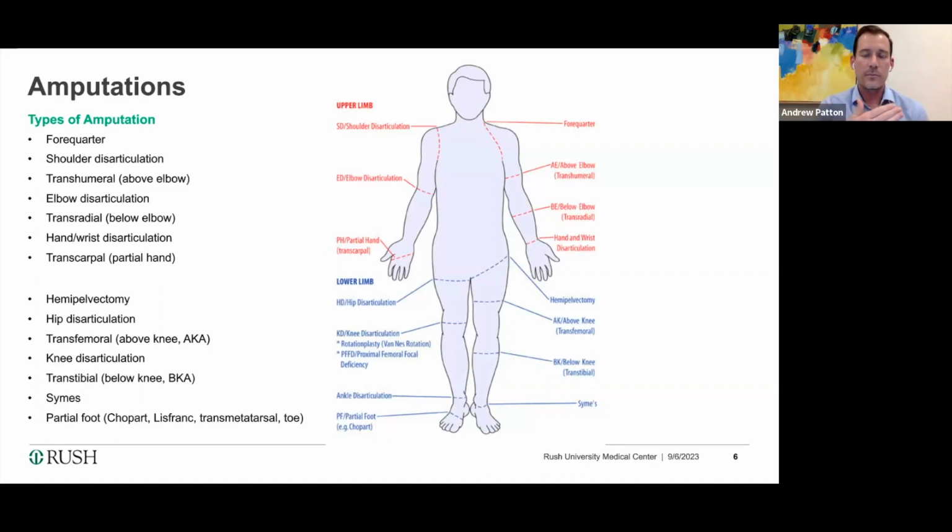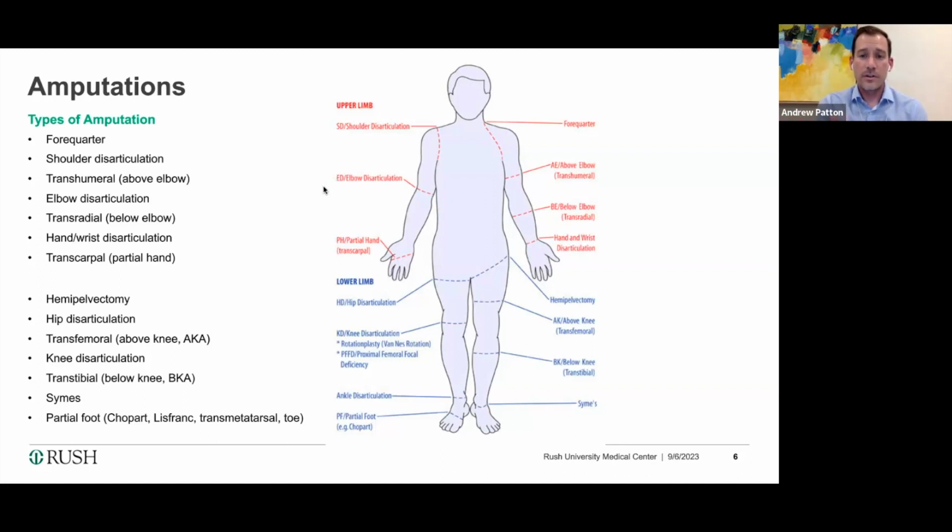The next one down would be a shoulder disarticulation, where they're just taking the humerus out of the glenoid fossa, but you keep your scapula and your clavicle. Moving down, you can have an above elbow or transhumeral. Both of them are equally accepted. Transhumeral tells you what bone they're going through, so the humerus, which makes sense, but you can also call it an above elbow.